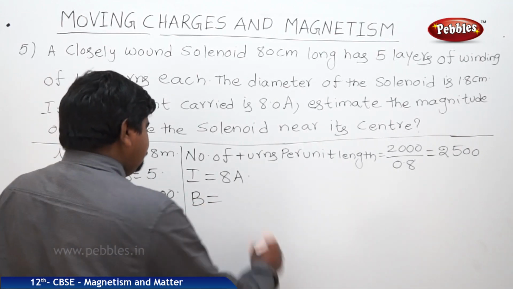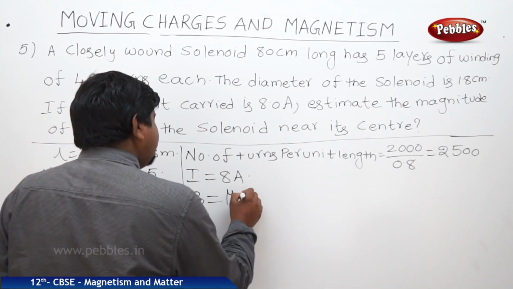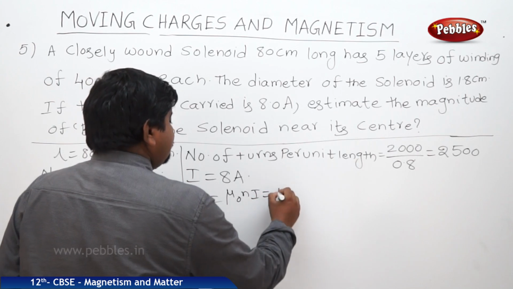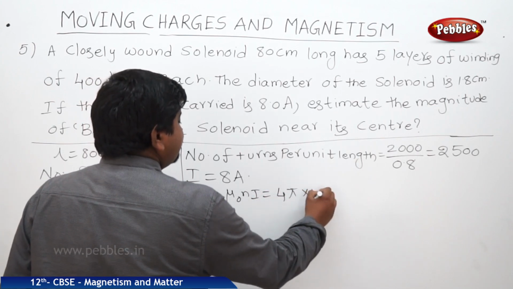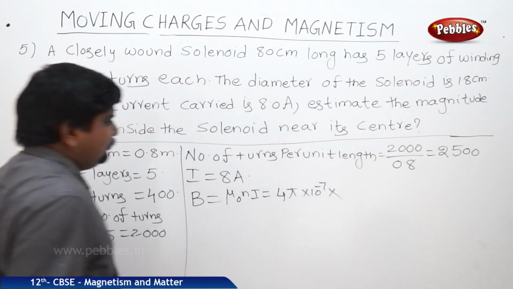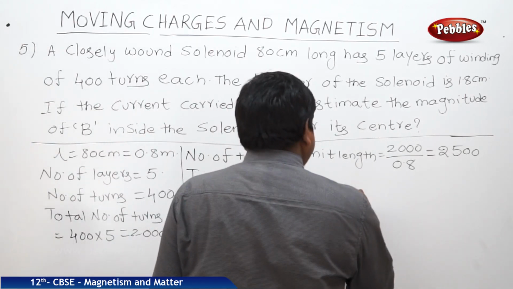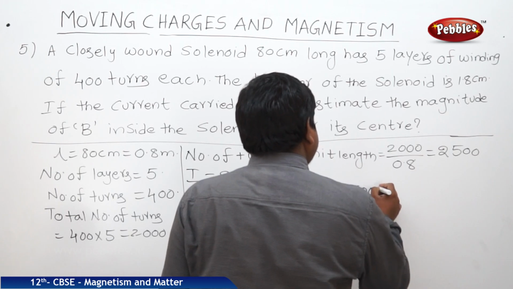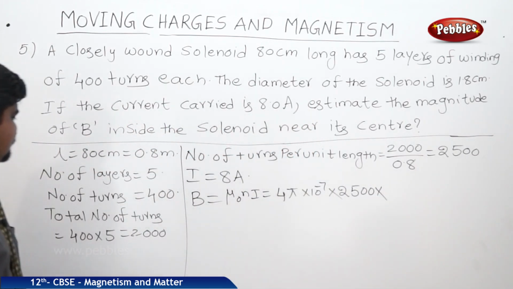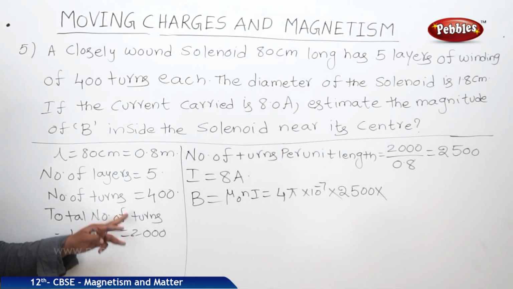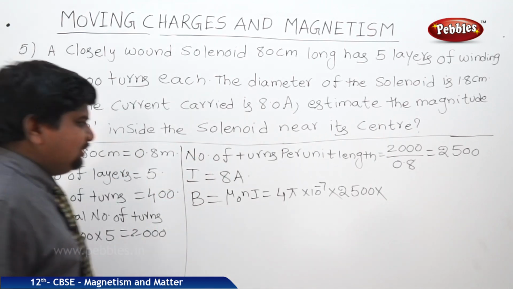So B is equal to mu naught N I, where mu naught is 4 pi into 10 to the power of minus 7, N is the number of turns per unit length, 2500, and I is the current, 8 amperes.